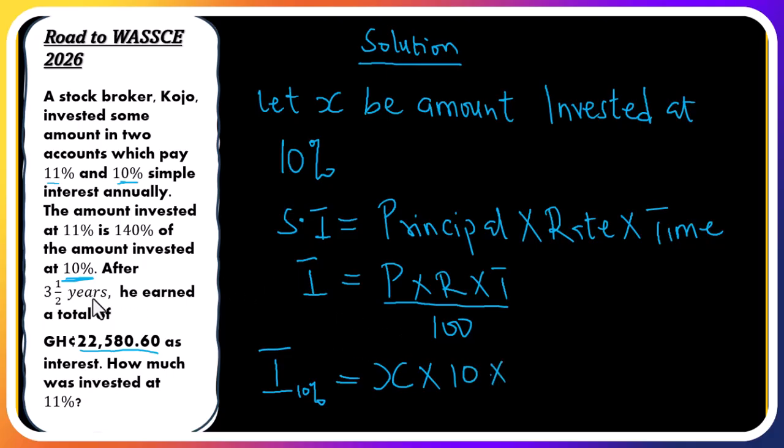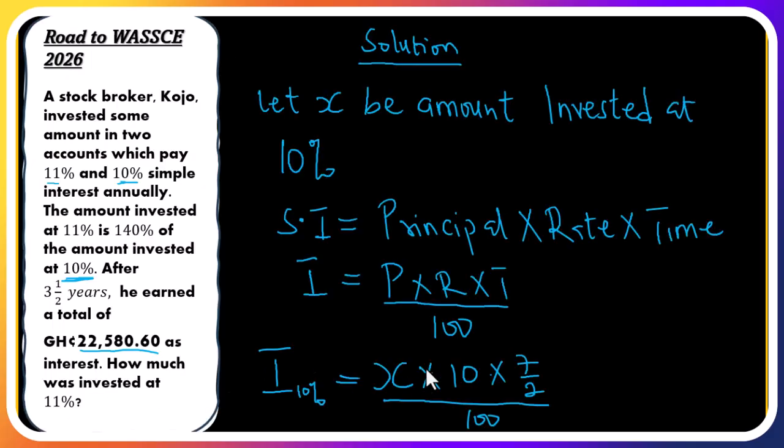The time here is 3 and 1 on 2 years, a mixed fraction, which could be converted into an improper fraction, 7 on 2, all divided by 100.